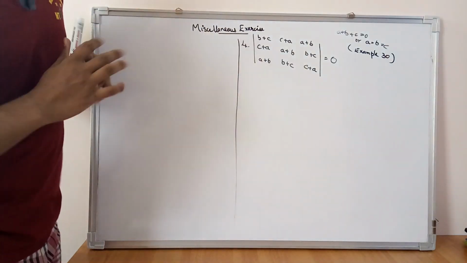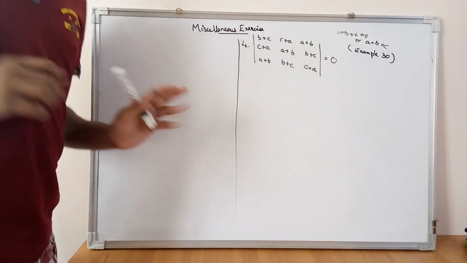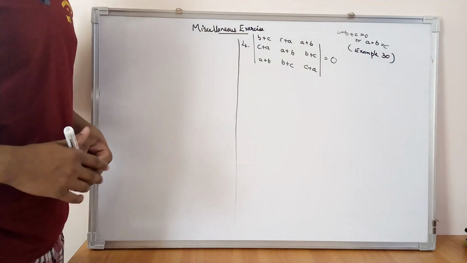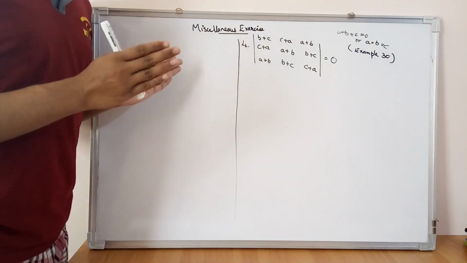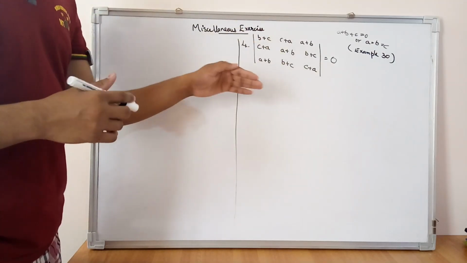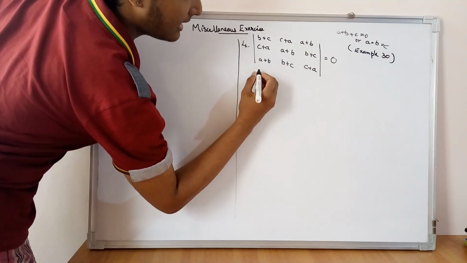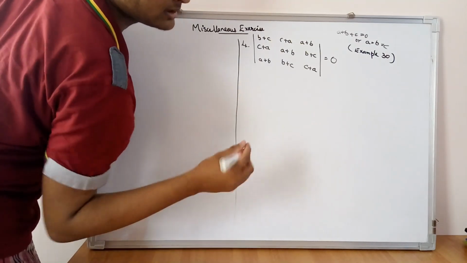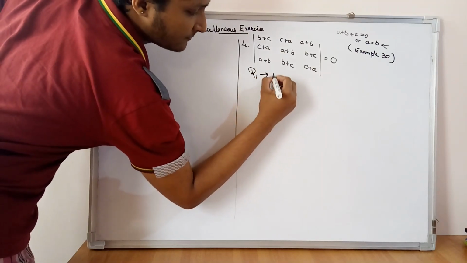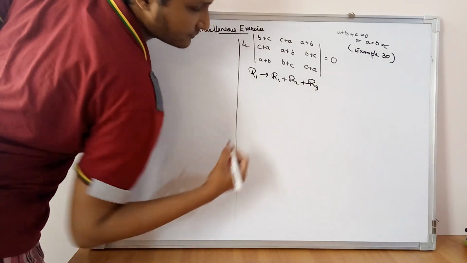So now what we are going to do: first of all, we need to get A plus B plus C as one of the terms. We do not have anything like that, and A plus B plus C is a long term, so we need to remove it such that we get a simpler determinant. For that, we are going to add all the rows. R1 becomes R1 plus R2 plus R3.